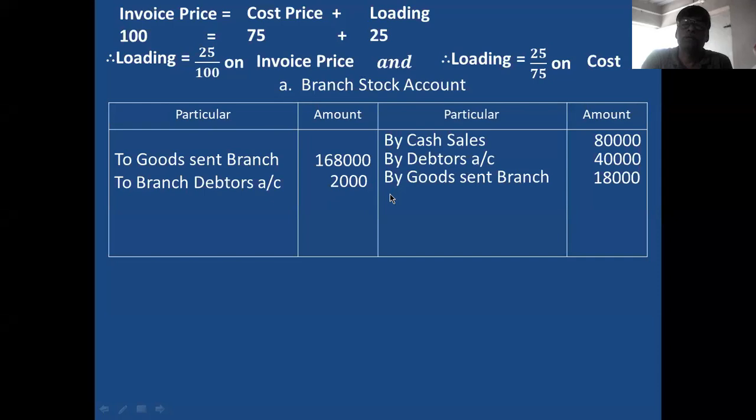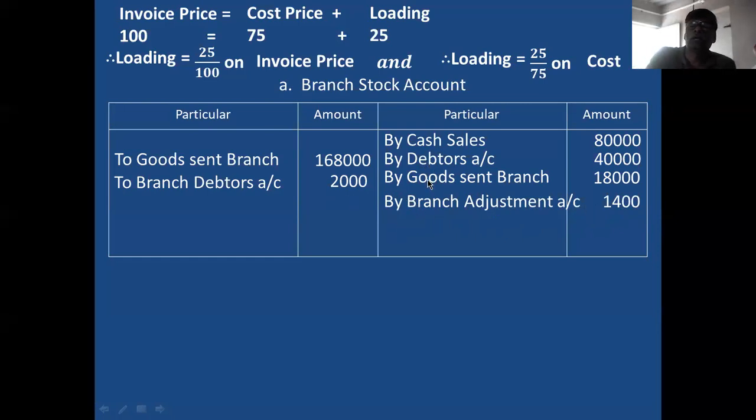Then next is branch adjustment account. Deficit is given in the problem, 1,400. Okay, these are the items given in the problem. Damaged goods is given in the problem, so you consider that as a shortage.